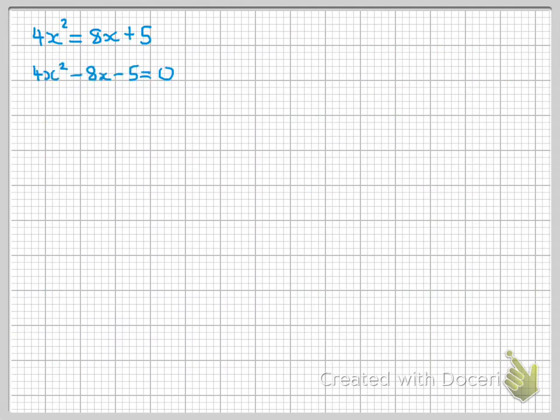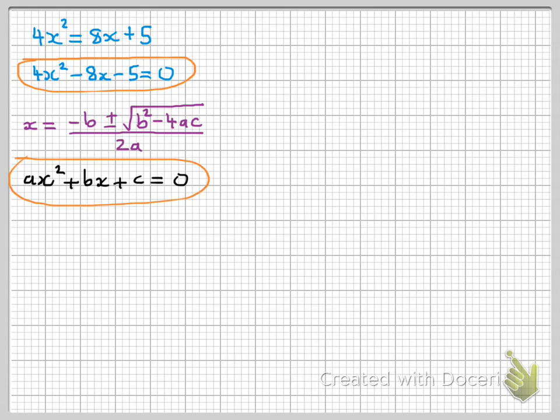Now, what if we want to solve this equation by using the formula? The formula we introduced earlier on, x equals minus b plus or minus the square root of b squared minus 4 times a times c, everything divided by 2 times a. All we have to do, once we have written the equation to look like the standard form, is compare them and figure out what a, b, and c should be.